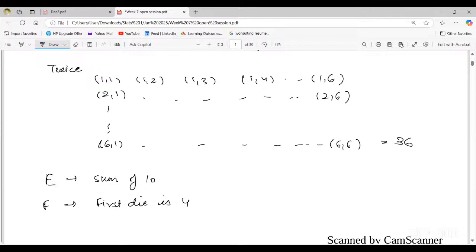So this is my example: if I'm rolling a dice twice, I am having an event E, which is that the sum is 10, and F is that the first die lands on 4. So my question is, we have to find the probability that the sum of the pair of rolling dice is 10, given that the first die is 4.